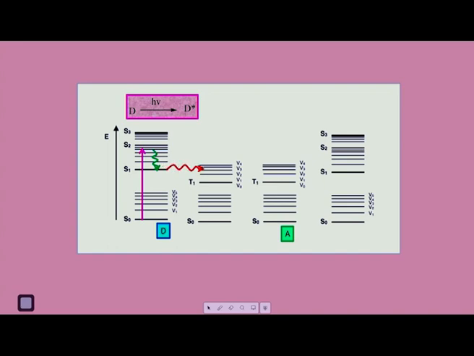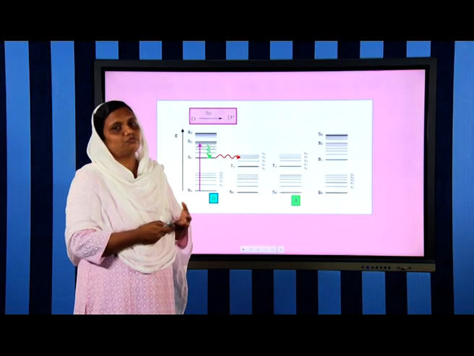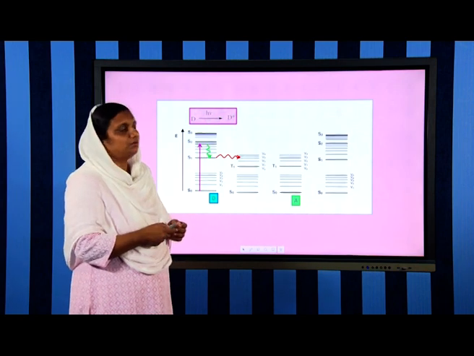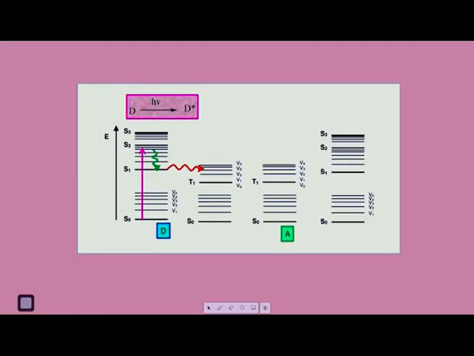Now, once it has come down to the lowest vibrational level of the first excited state, it will undergo intersystem crossing and go to the triplet state. From the triplet state it again undergoes vibrational relaxation, and from the lowest vibrational level of the triplet state it goes to the singlet ground state.